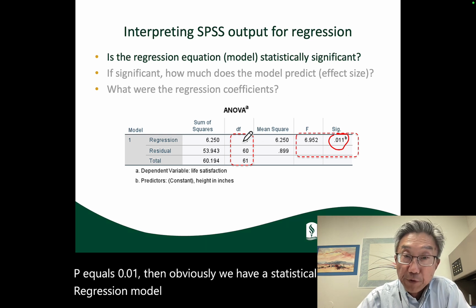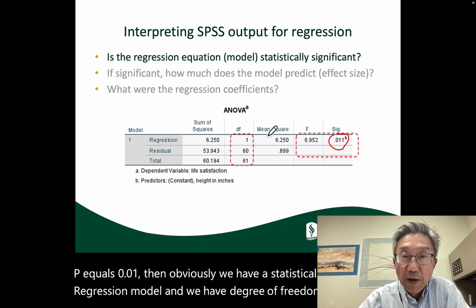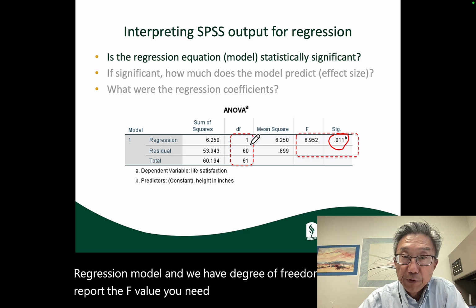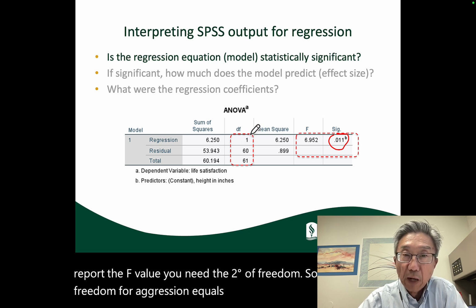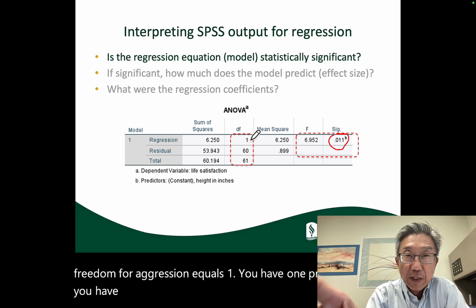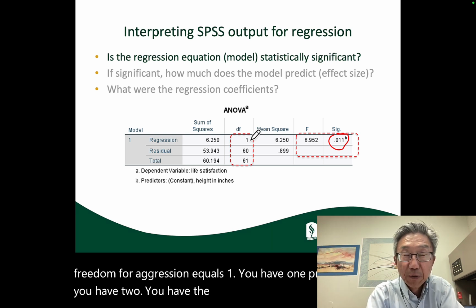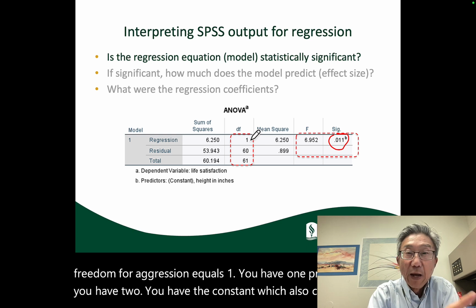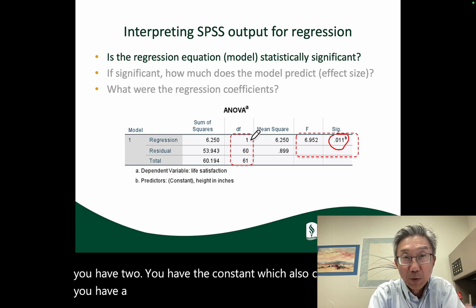And we have degrees of freedom. When you report the F value, you need the 2 degrees of freedom. So degree of freedom for regression equals 1. You have 1 predictor. Actually, you have 2. You have the constant, which also counts as 1. And you have a real predictor, which is the independent variable.